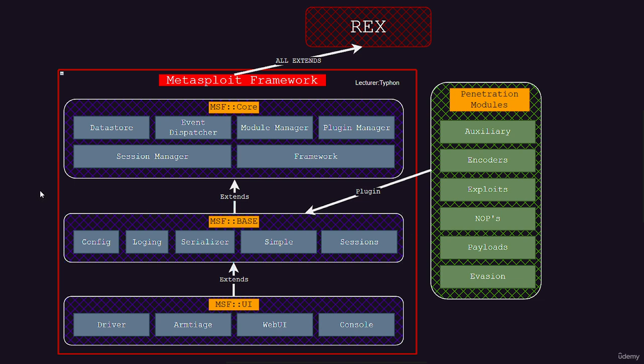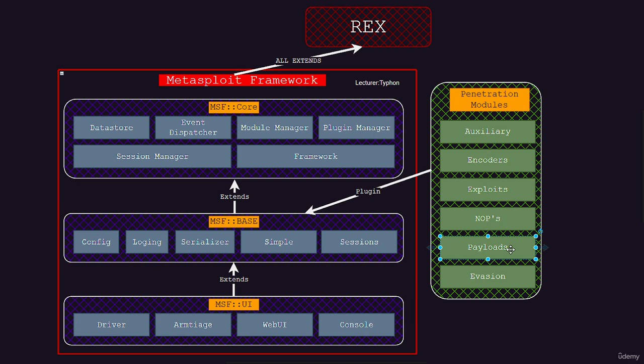Payload modules, for example, are like the keys that unlock doors. They are used to establish connections to or from a compromised system after an exploit is successful. In simpler terms, they create a channel that allows the attacker to interact with the victim or target.